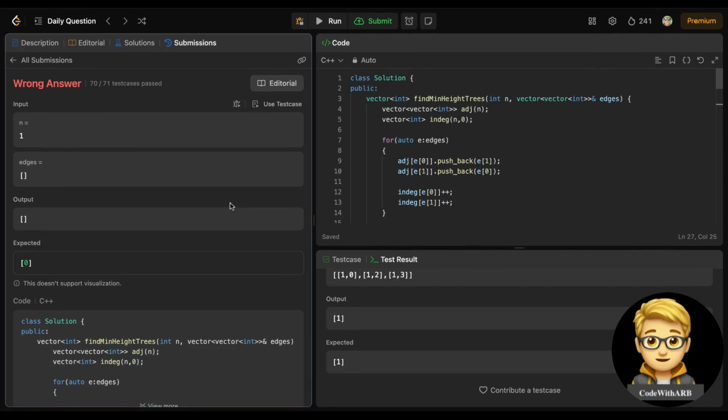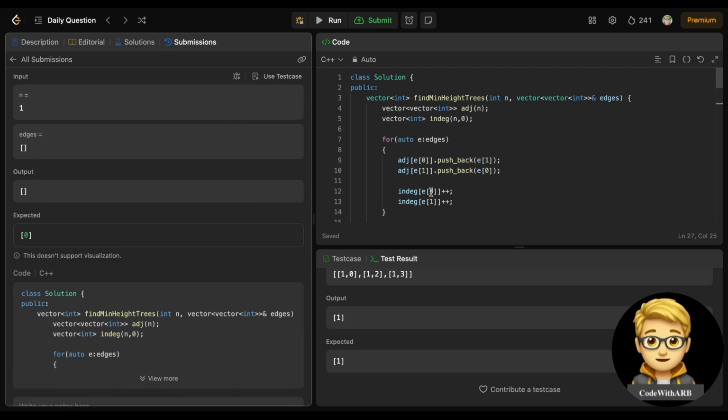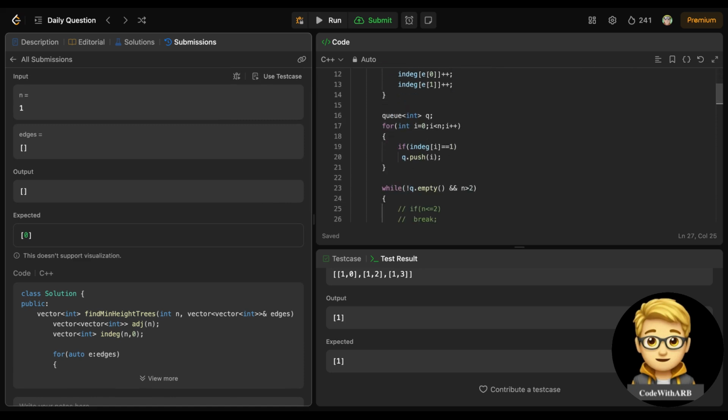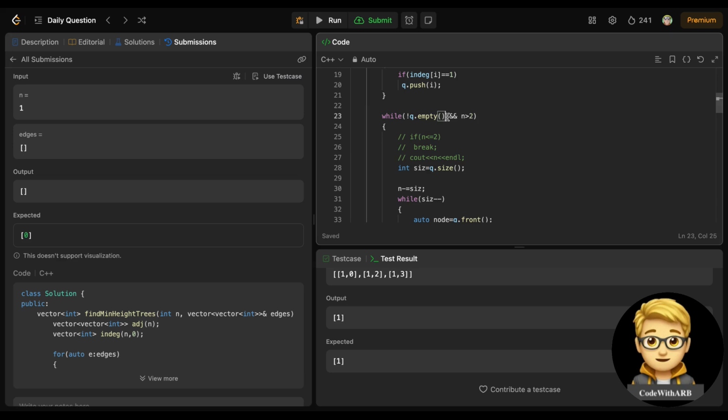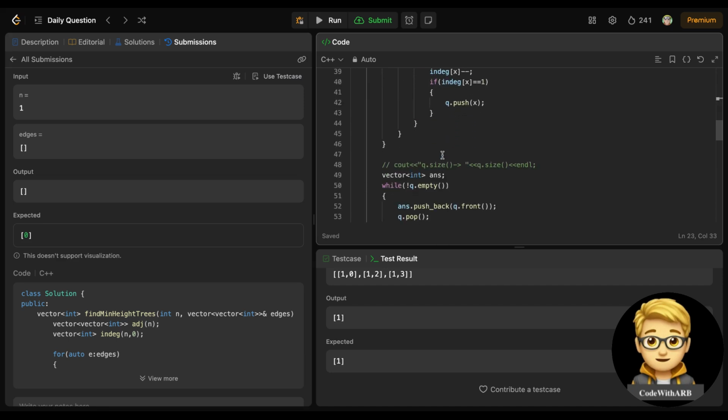Something is missing. Okay, we missed some edge cases. What will happen if there is only one node? If there is only one node, which is edges, okay.